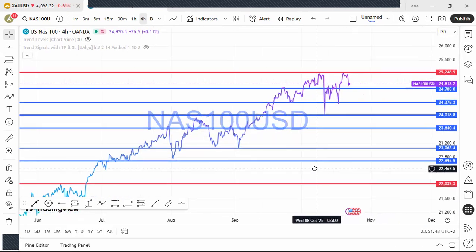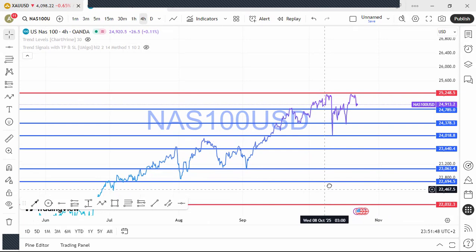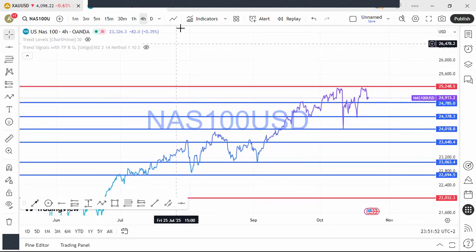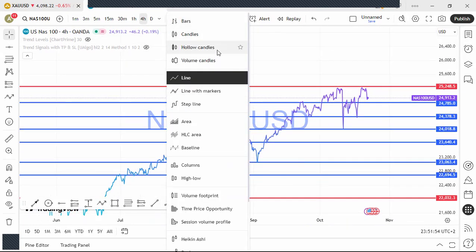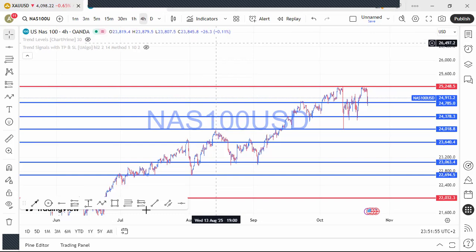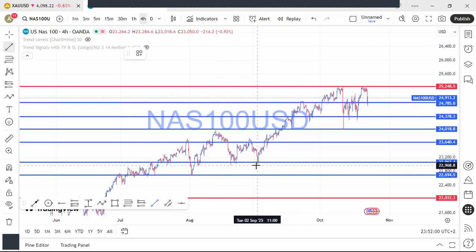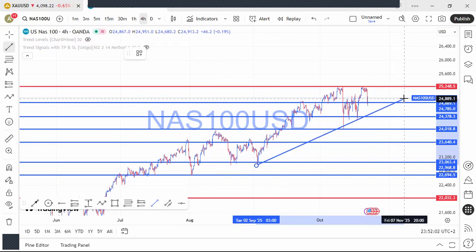As you can see, guys, we have all our zones in line. So what are we looking for now? Going to switch to our candlestick chart. So as you can see, Nasdaq has been on a bullish trend.